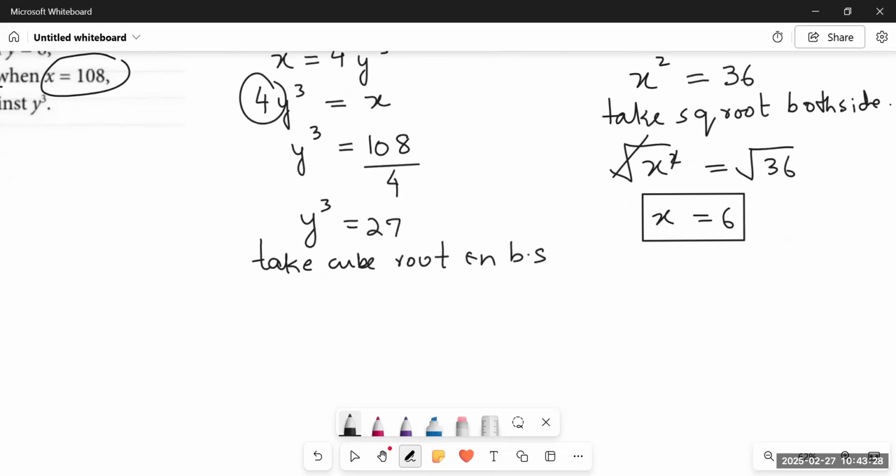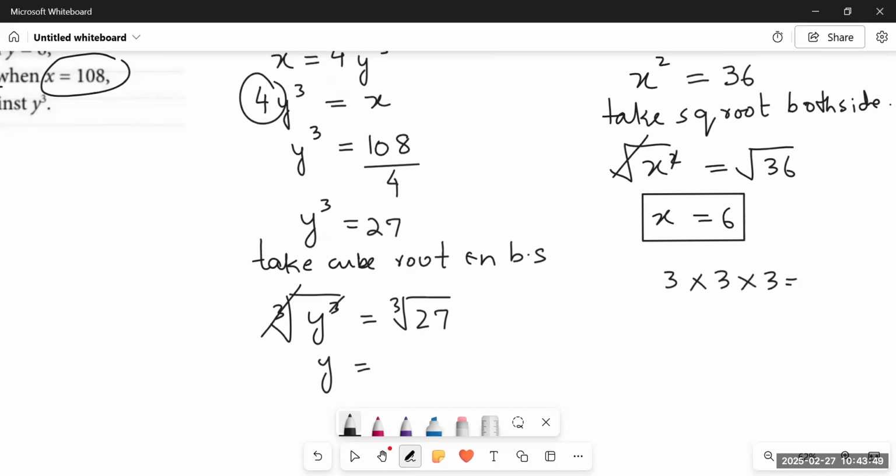B.S. means both sides. When we take the cube root on both sides, this cube root will cancel the cube, so we are left with y on the left hand side. And we know 27 is the perfect cube of 3, because 3 3s are 9, 9 3s are 27.